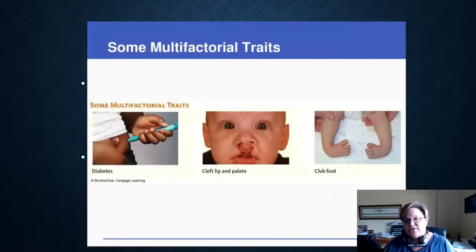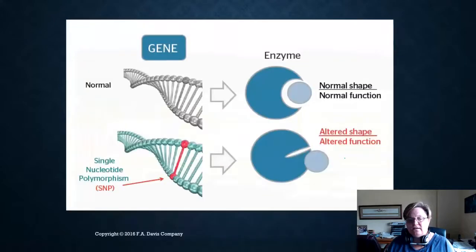Sometimes we'll have multifactorial traits, and that involves multiple issues or problems. So diabetes is called a multifactorial trait, cleft lip and palate, and also clubfoot. When we see some of these multifactorial traits, what we are looking at is a single nucleotide polymorphism, or a SNP.